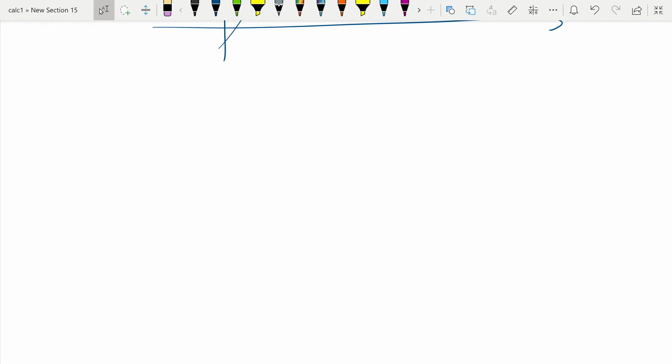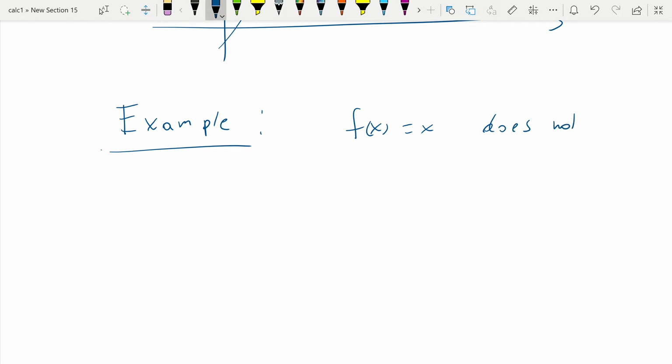If you think of f of x equals x, f of x equals x does not have a limit at infinity.